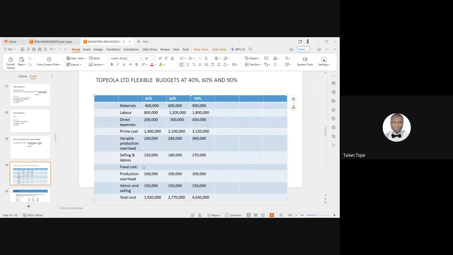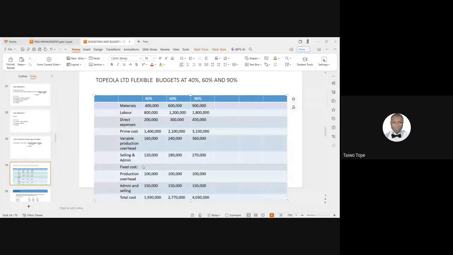Before now, we defined overhead as a cost element.